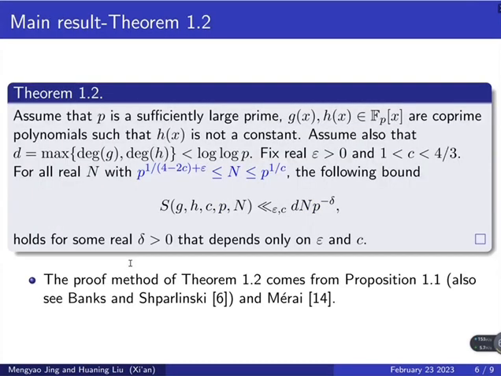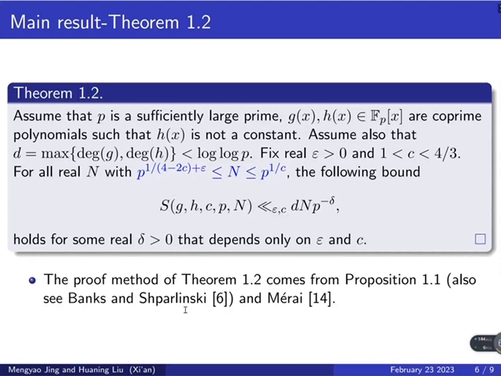In theorem 1.2, we give a non-trivial bound for S_{g,h}(c,N) by applying the method of proposition 1.1. The original method can be found in the paper of Banks and Shparlinski.